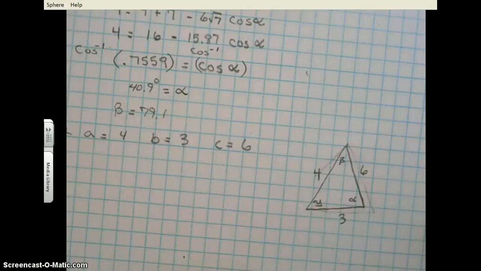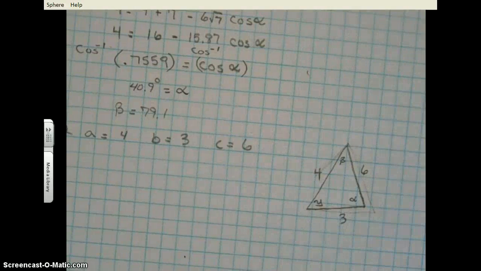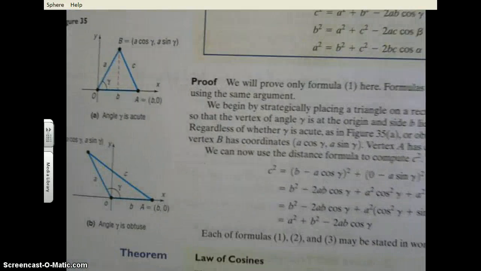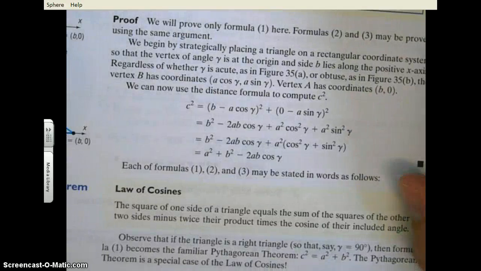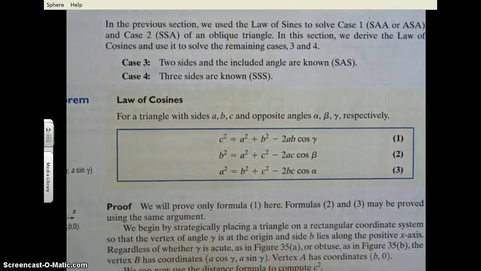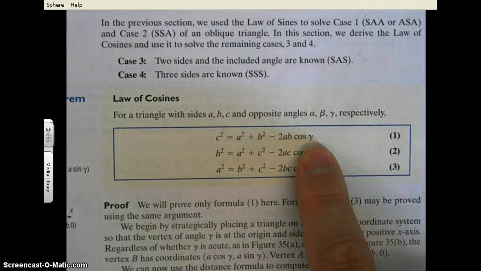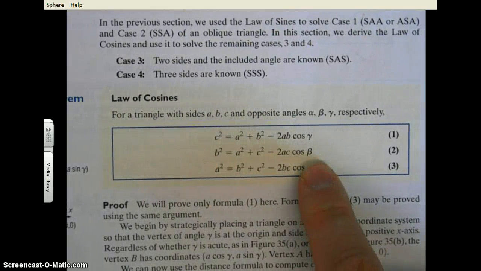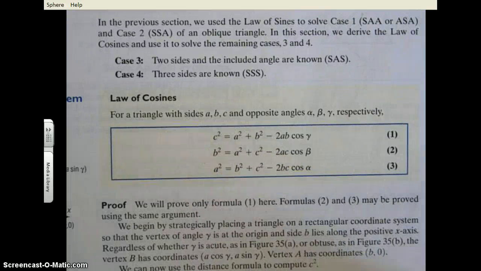Well, basically, since we're solving for an angle here, we're going to use the law that we're looking for. So if I'm looking for gamma, we'd use which one? That's right, the first one. And the beta, second one, alpha, third one.